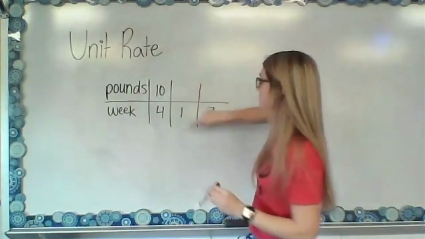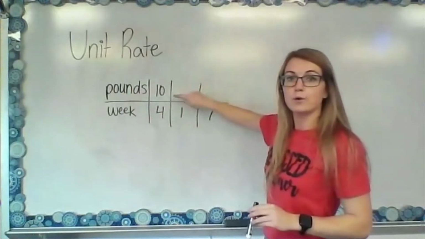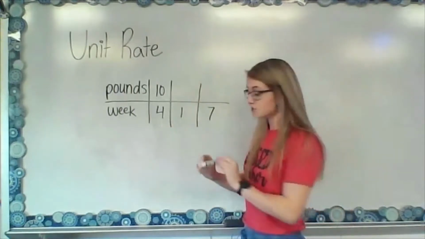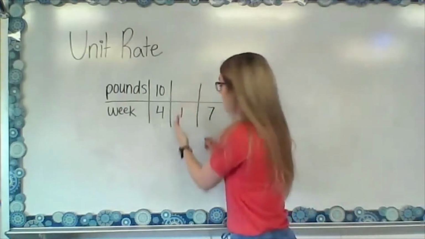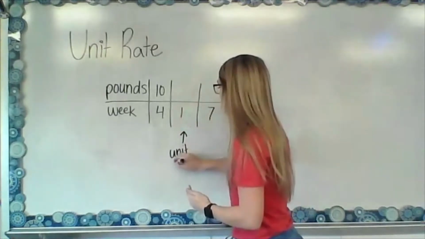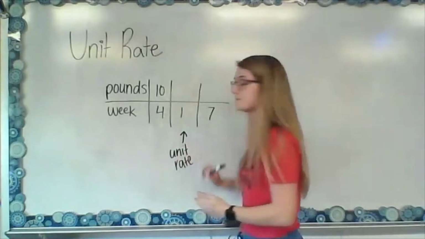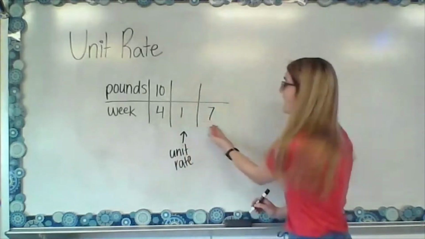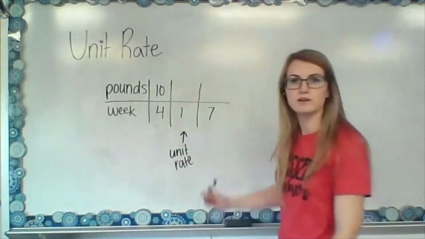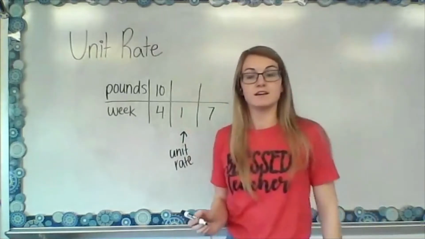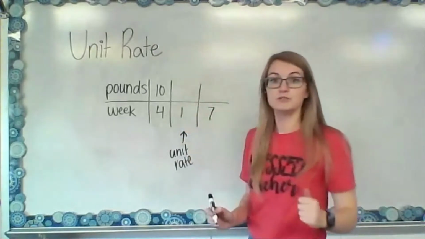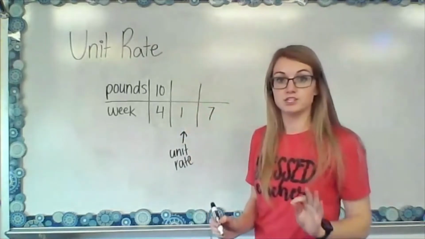But what do you notice about this one right here? We're going back to the 1. So this ratio right here, this one in the middle, that's the unit rate. And once you find the unit rate, you can solve any number, right? We can figure out any number of weeks, how much. We could go all the way up to 100 if we wanted, but not until we get the unit rate. So how do we do that? We do these just like ratio tables.